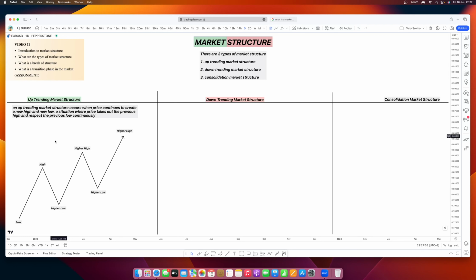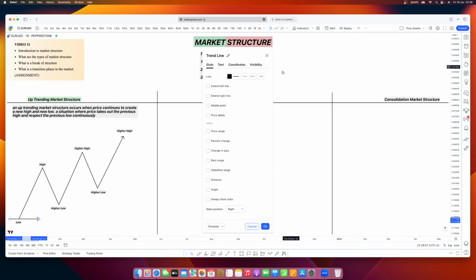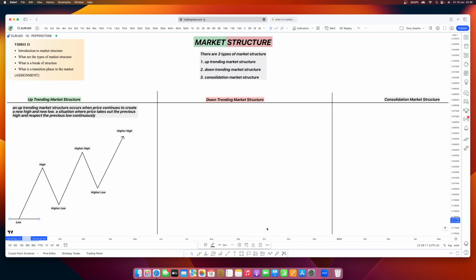So when we bring that to the market now, what they're saying is that market structure helps you to highlight support and resistance. You see this area here now? This area, I can call this area what? A support. So let me just take this back to normal. I can call this area support.